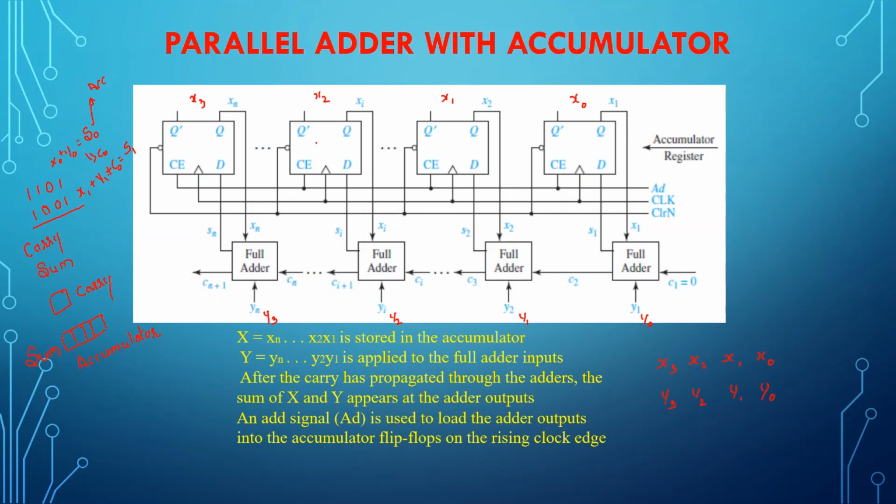And if I consider this accumulator and this adder to be one particular unit, you can see it's all like common cells. It looks identical. Each cell contains a full adder and an associated accumulator flip-flop.